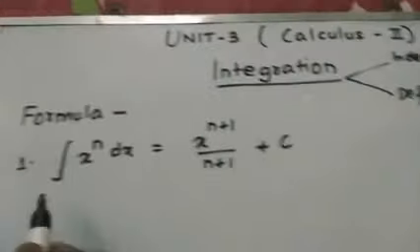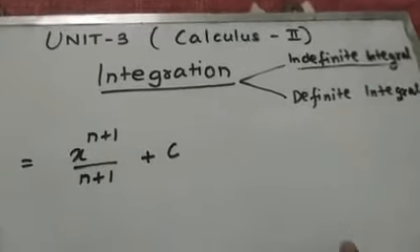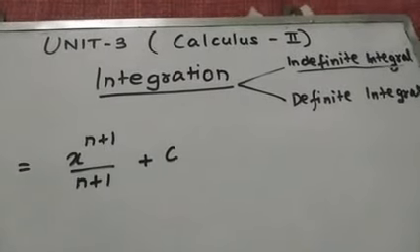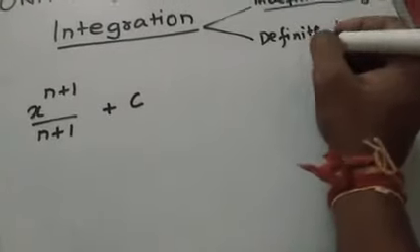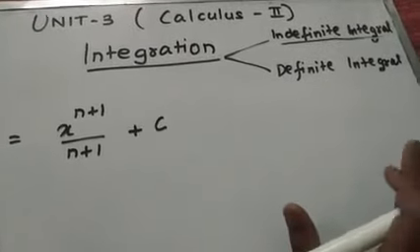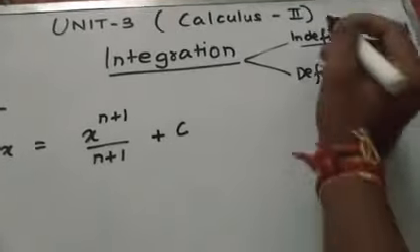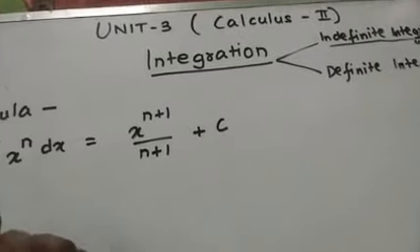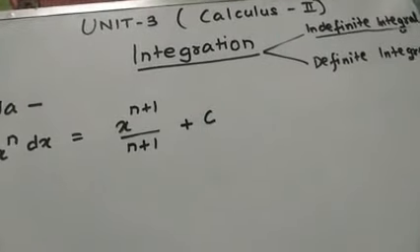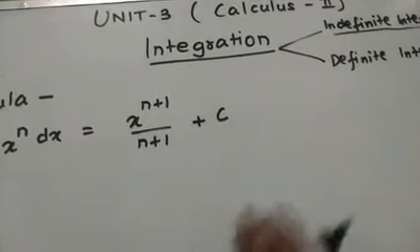These all come in the category of indefinite integrals, and for the definite integrals you will find the limits. Whenever the definite integral comes, I will discuss that topic then. For now, just remember that we are dealing with indefinite integrals. In an indefinite integral, after integrating you will get an integrating constant, that is c.